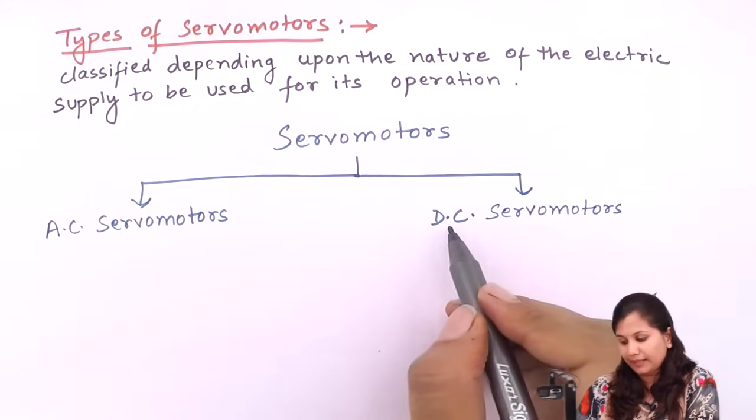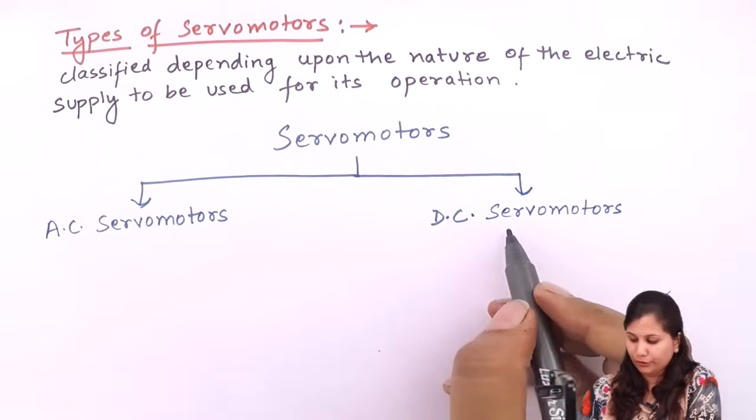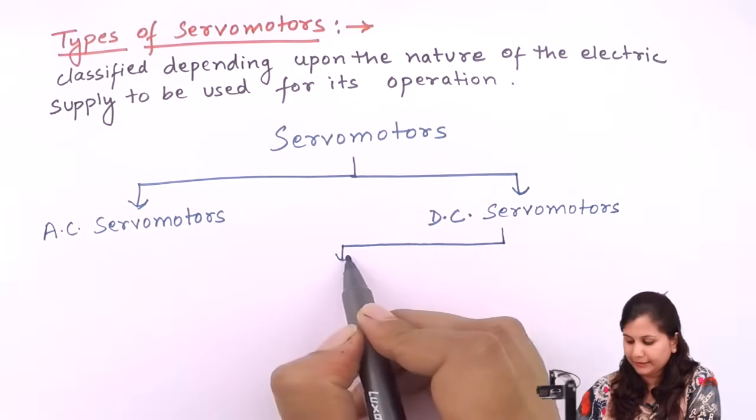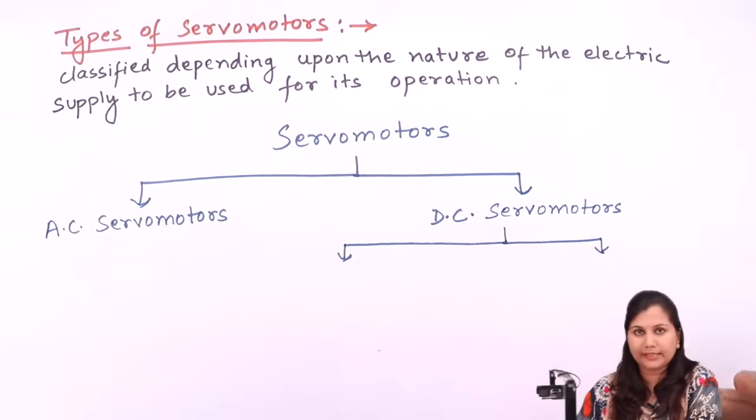Further, we can classify the DC servo motors into armature controlled and field controlled DC motors.